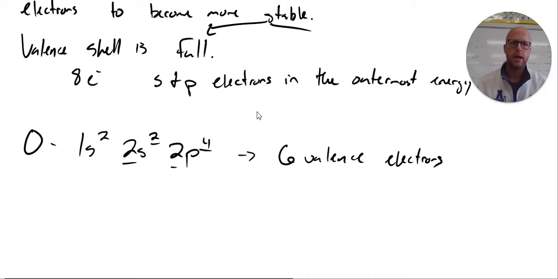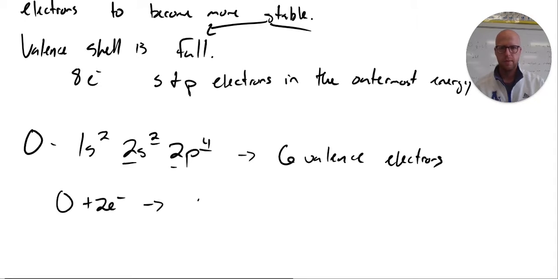It can either lose those 6 valence electrons to have a full first shell, or gain 2 more electrons to have a full second shell. Obviously gaining 2 is easier than losing 6, so oxygen will gain 2 electrons to become an oxide anion with a -2 charge.